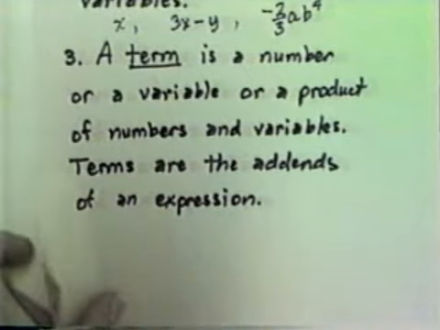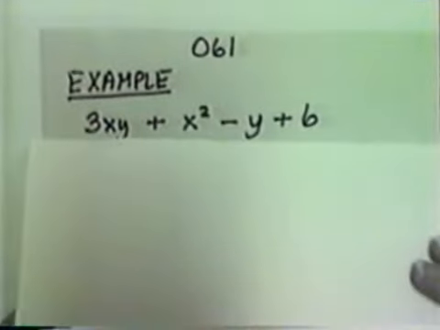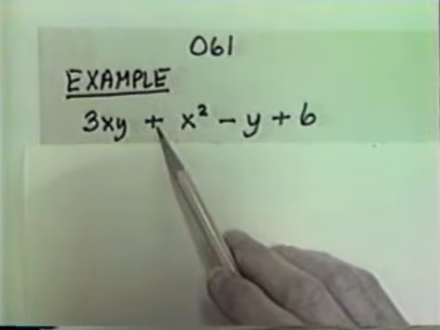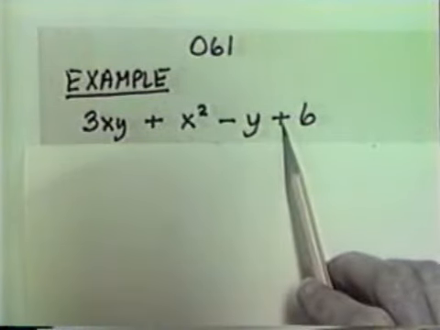Let's look at an example. Three xy plus x squared subtract y plus 6. Terms are the add-ins of an expression. What things are being added here? Well, clearly we have addition in this spot, and we have addition in this spot.